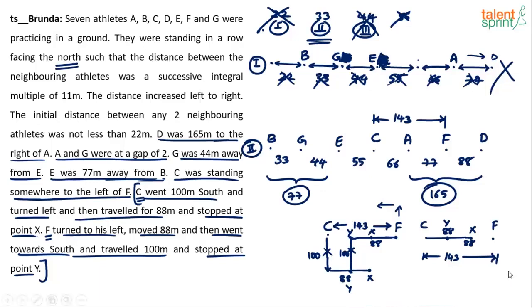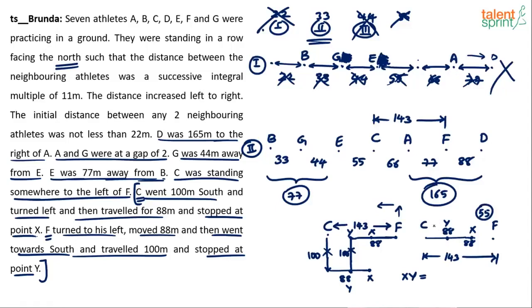Now how do you get the distance? If C has moved 88, what is the distance between X and F? It is 143 minus 88, which is 55. So the distance between X and F is 55.